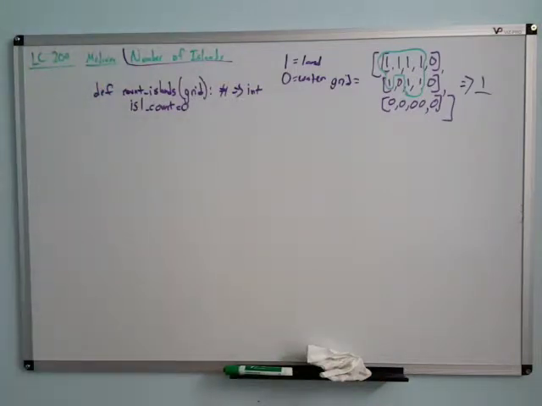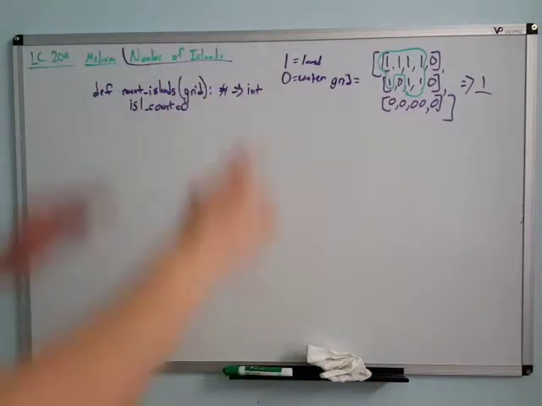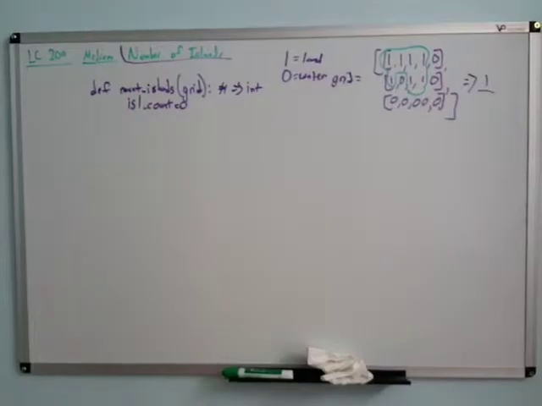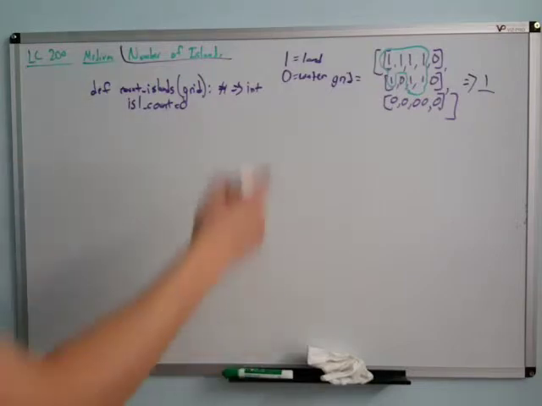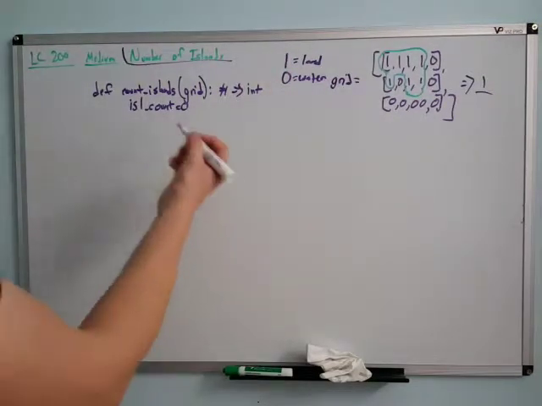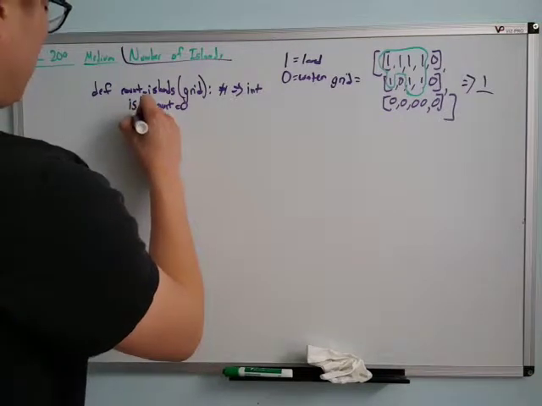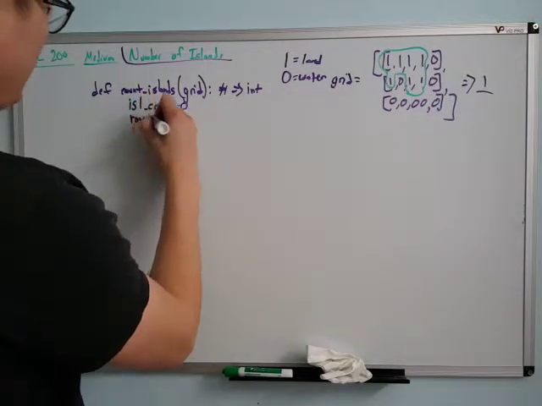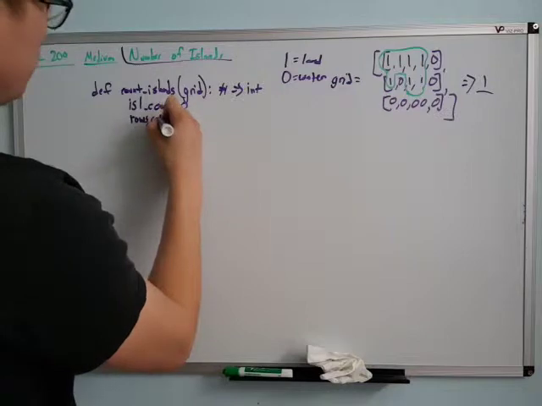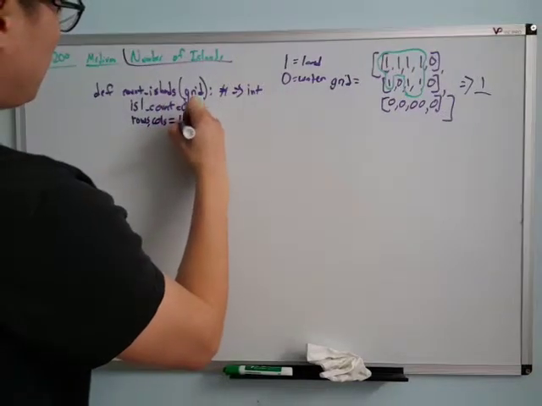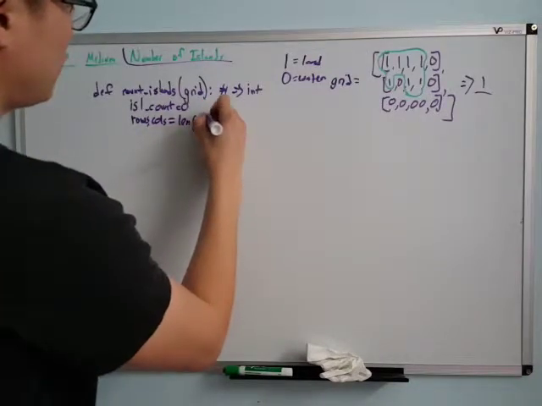What we're going to do is use a DFS approach to branch out and mark the cell as visited whenever we find an island. So here's how we'll do it. We'll set rows and cols equal to the length of the grid.